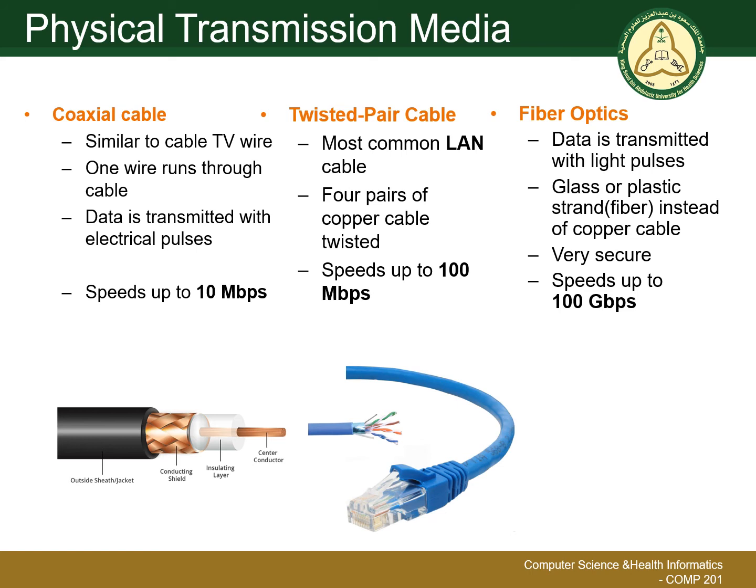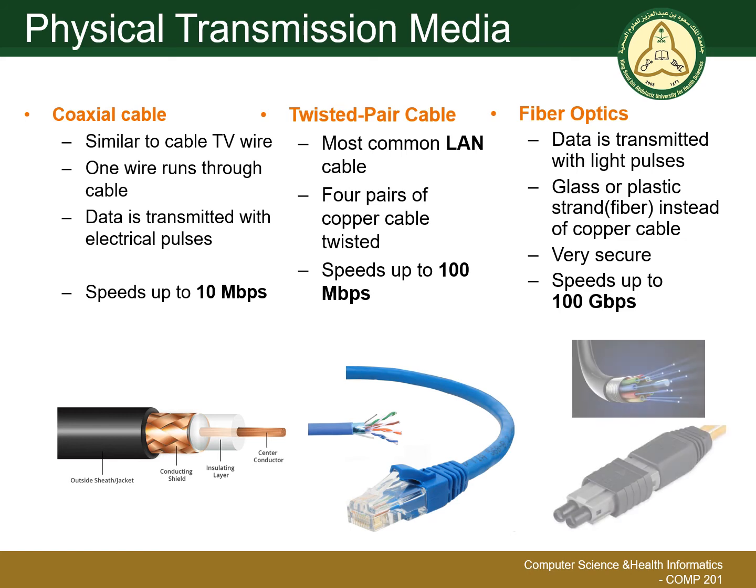So it's not metal, we're using glass, and we're sending light through this glass or plastic. It is very secure, with speed up to 100 gigabytes per second. And this is how it looks like.